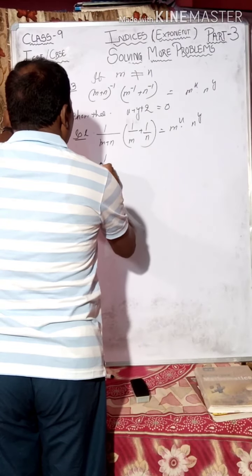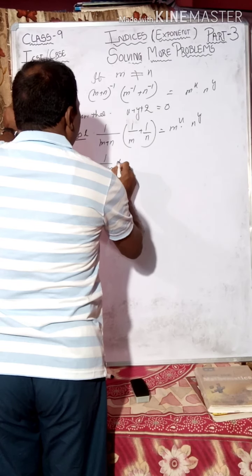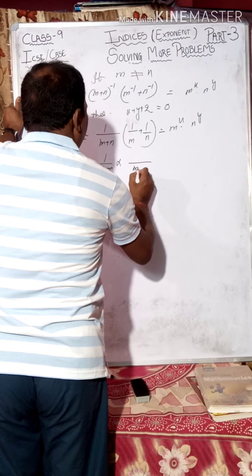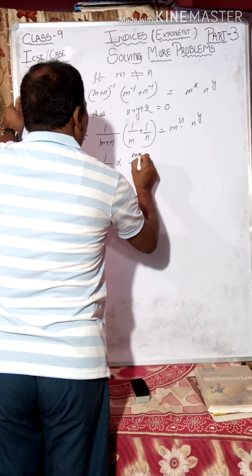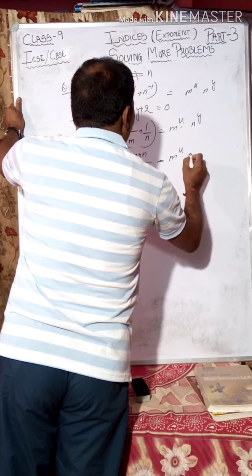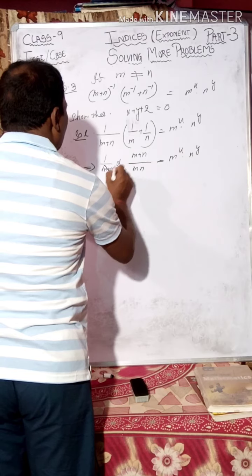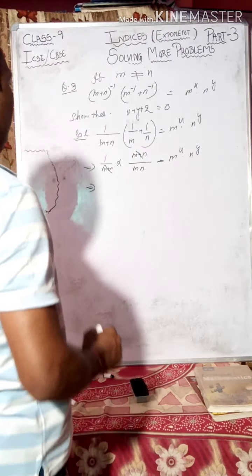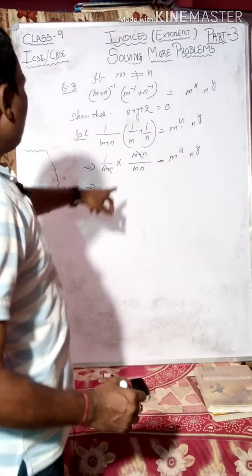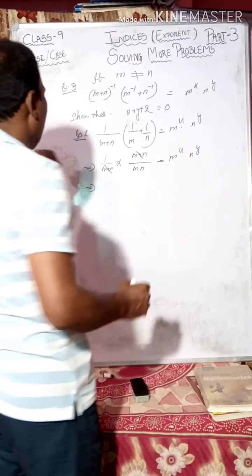So now in 1 upon m plus n, into 1 by m plus 1 by n, taking LCM mn, it will be m plus n over mn, and m plus n cancels with m plus n.